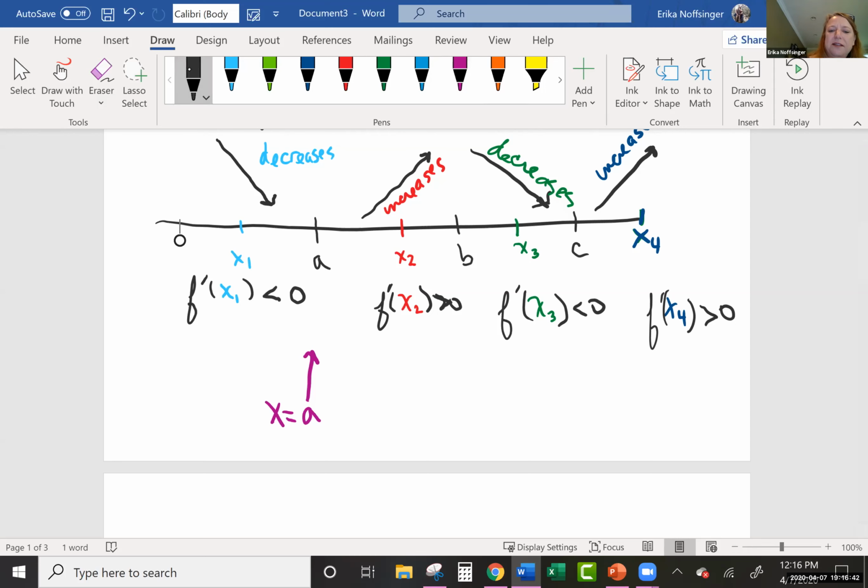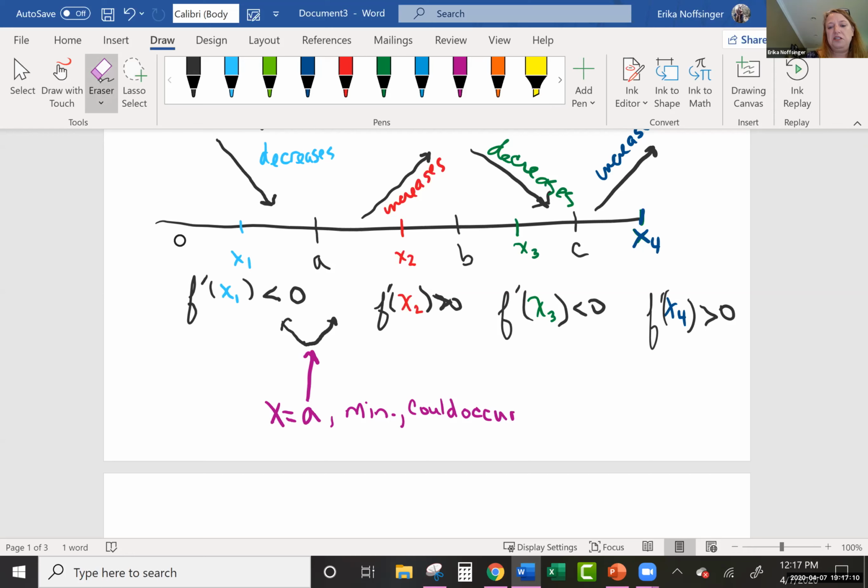So again, if you have something that decreases and then comes back up and increases, what type of point is that? So this would be a minimum value. Okay, so these could occur, and we'll look at whether they're really occurring there or not later.